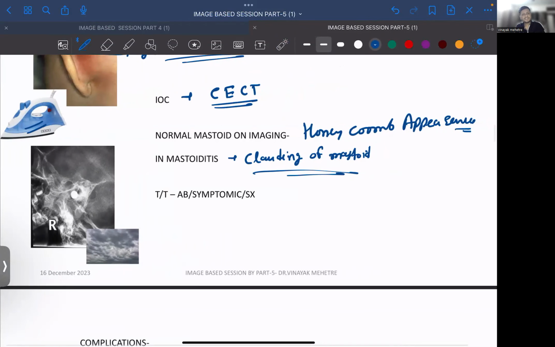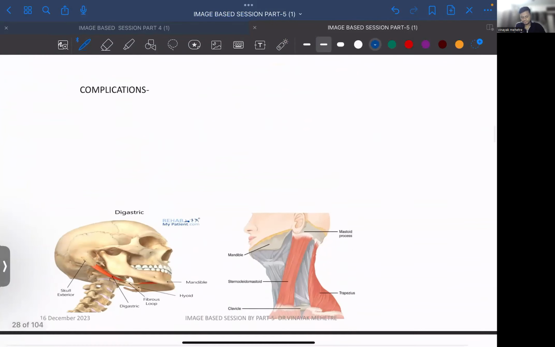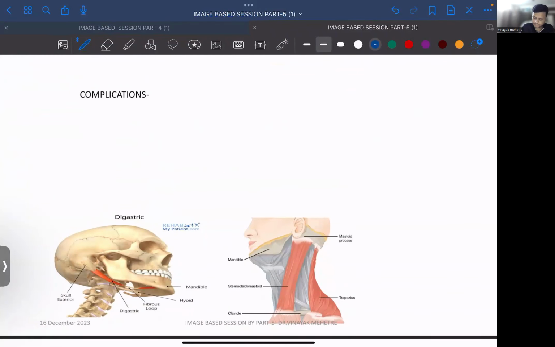What is the most common complication of mastoiditis? Anyone? Most common complication is abscess, right?